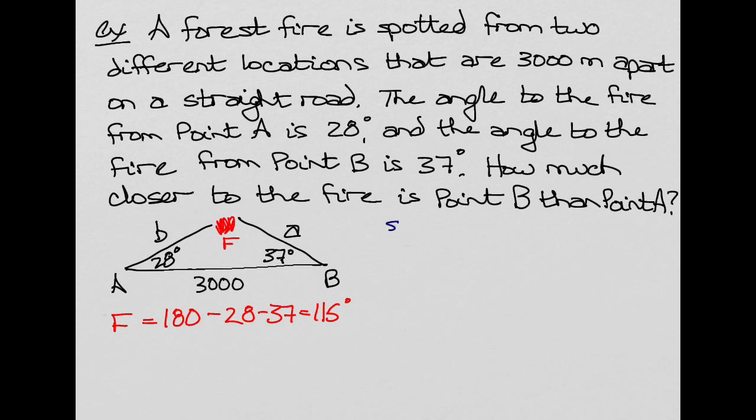So I'll have sine of 115 over the length of road, 3,000, is equal to the sine of angle A over side A that's opposite it. I'm going to multiply by 3,000 and A and then divide by the sine of 115 to get a value for A.